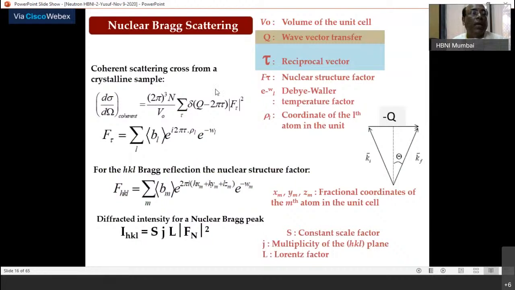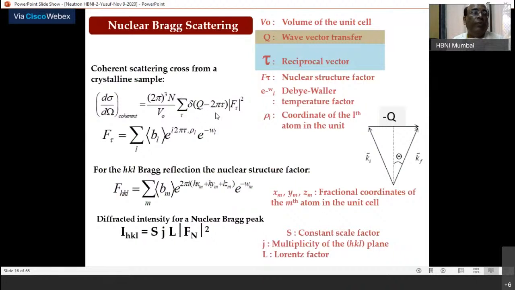See, this has nothing to do per se with neutron diffraction. It is any diffraction theory. You get the Bragg peak intensity non-zero at that Q value when Q matches the reciprocal lattice vector τ. That is the Ewald sphere concept.